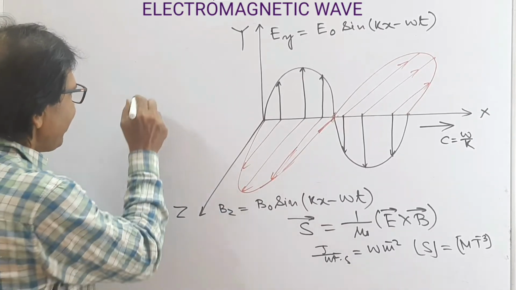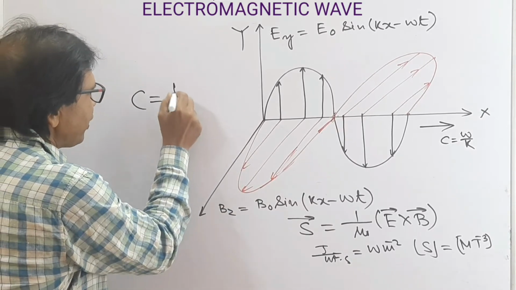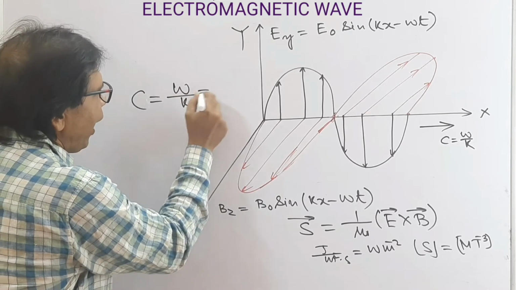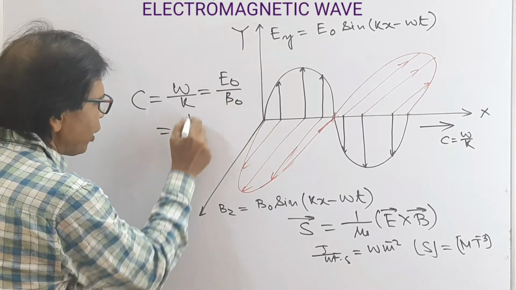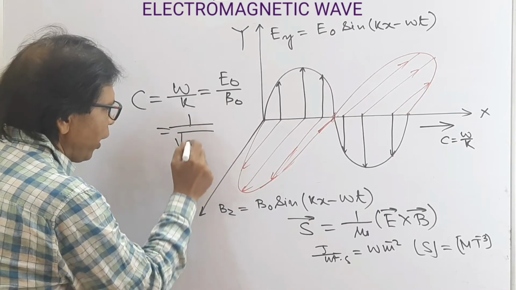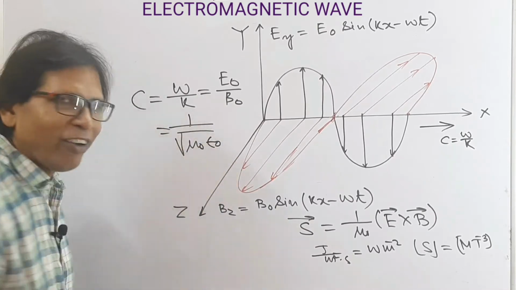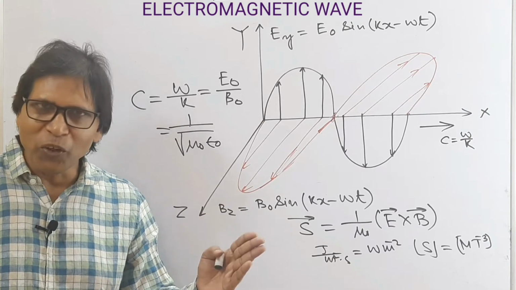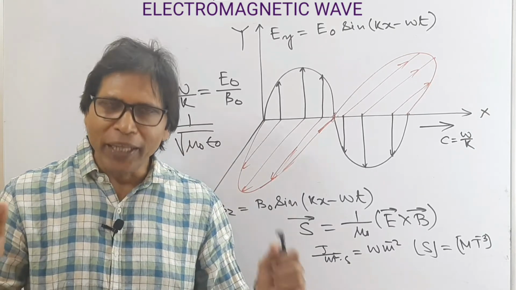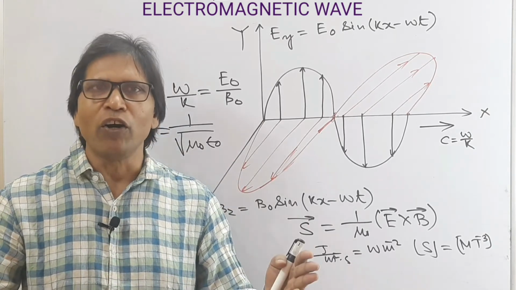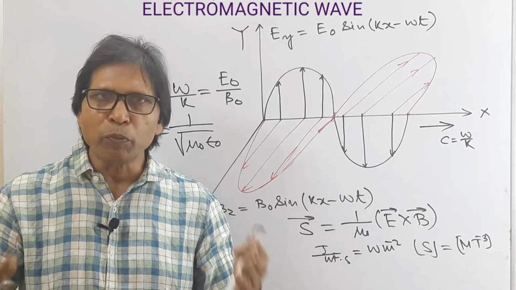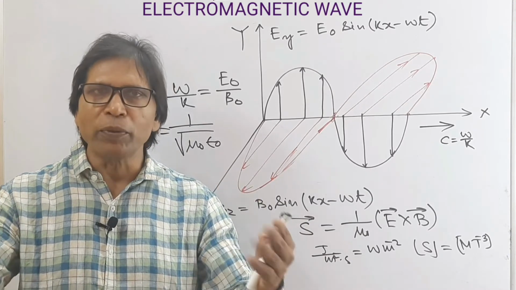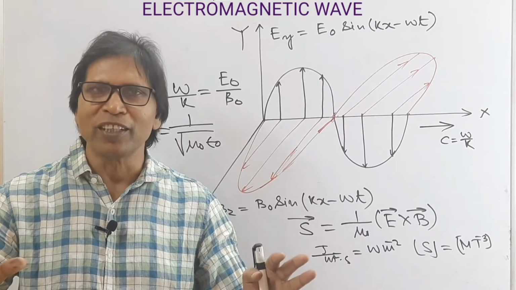Look at this, C equals omega by k, and this is E naught by B naught, and this equals 1 by root under mu naught epsilon naught. Okay, understood? The EM wave obeys the inverse square law, that is, the intensity of an EM wave is inversely proportional to the square of the distance from the source.